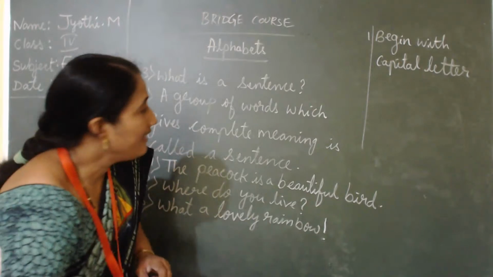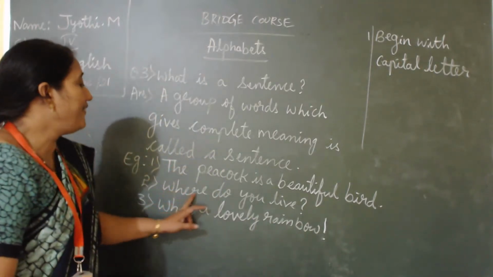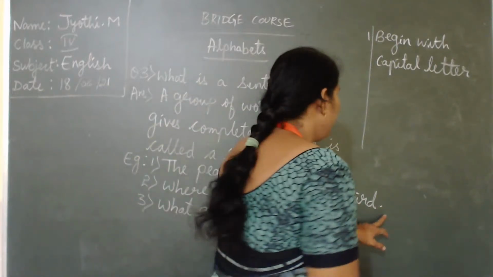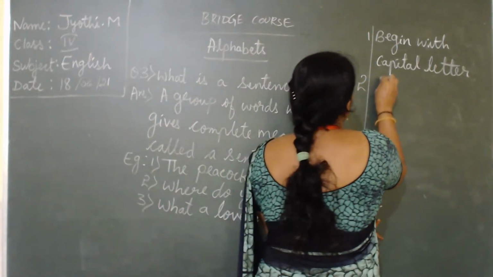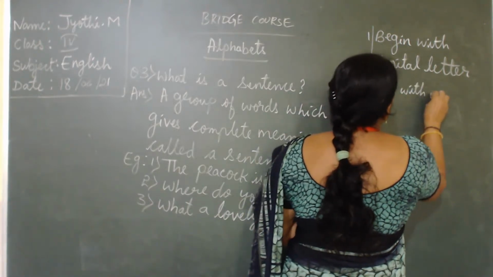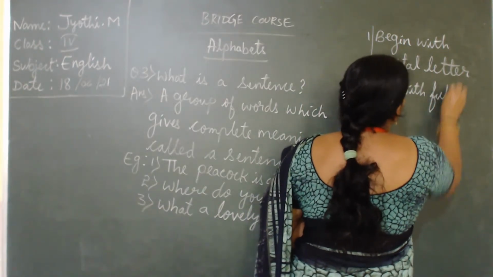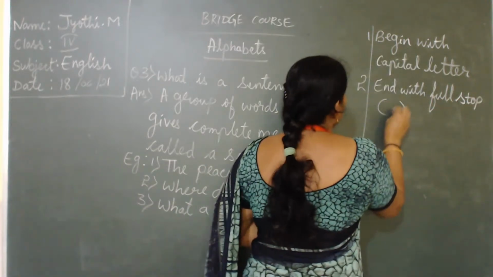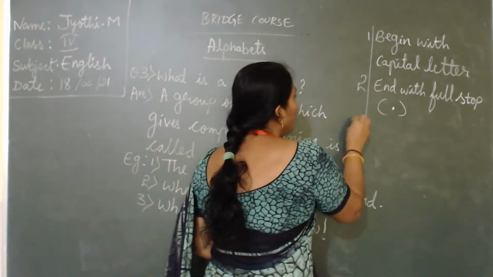And the second thing is, some sentences end with a full stop. The symbol of a full stop is a dot.